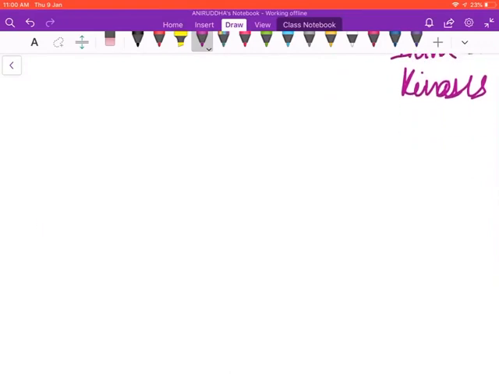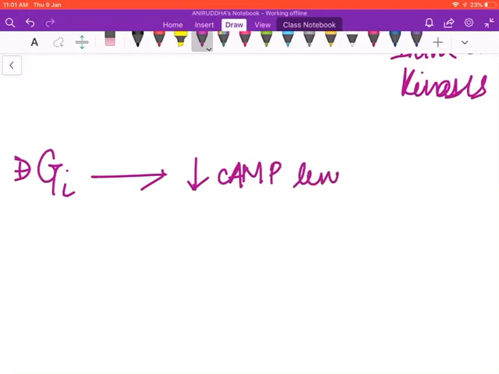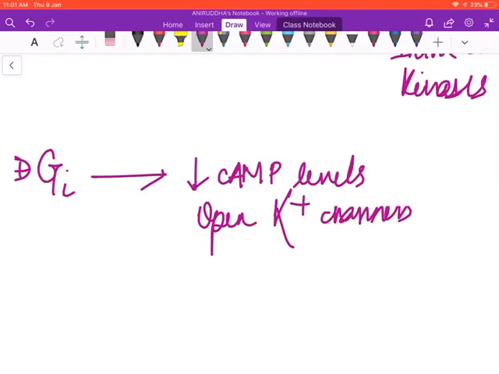The Gi type, when stimulated, will result in a decrease in cyclic AMP levels, and also it will open potassium channels. So basically it will antagonize the effects of the Gs type.